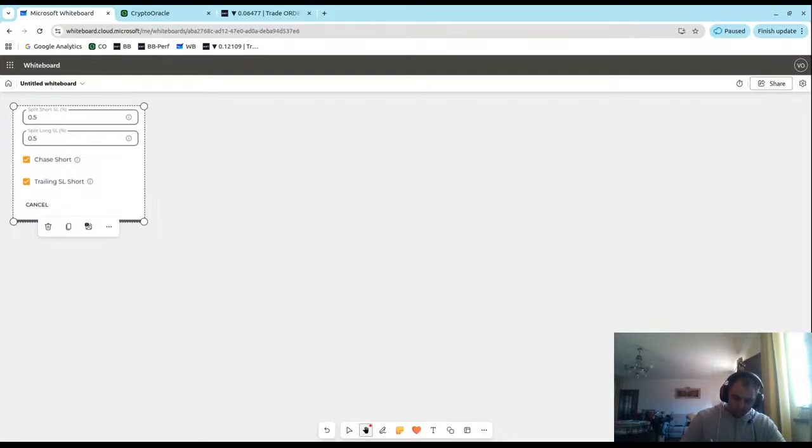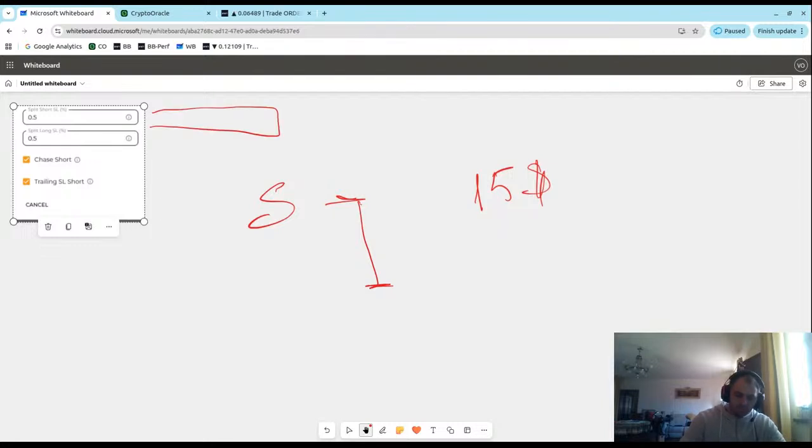So we're talking about short. Let me open short. First position, let's say $15. So what happened next? Price goes in our favor, and here is another field for short trigger.